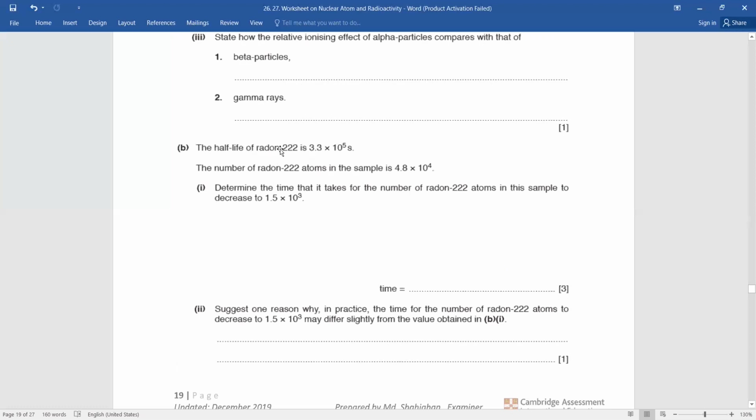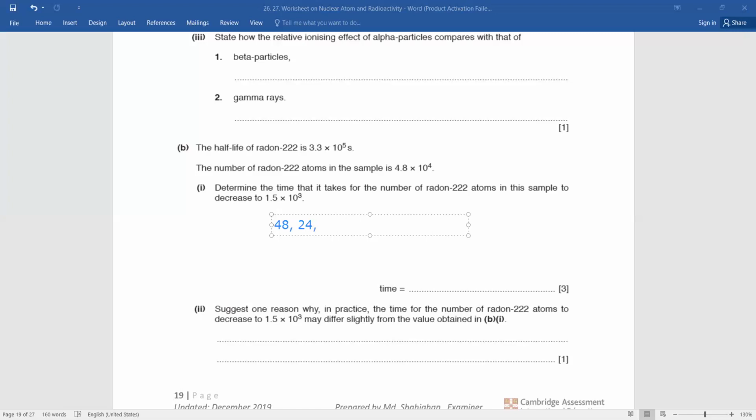How many half-lives do you calculate first? 48 will be 24.